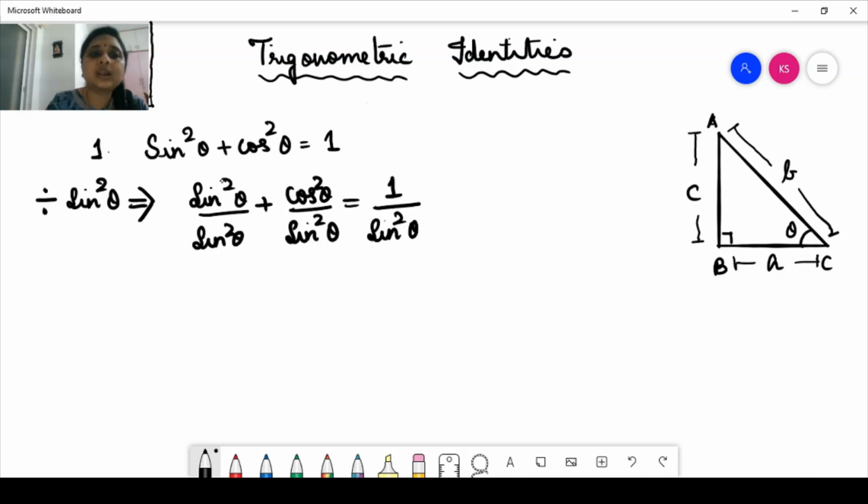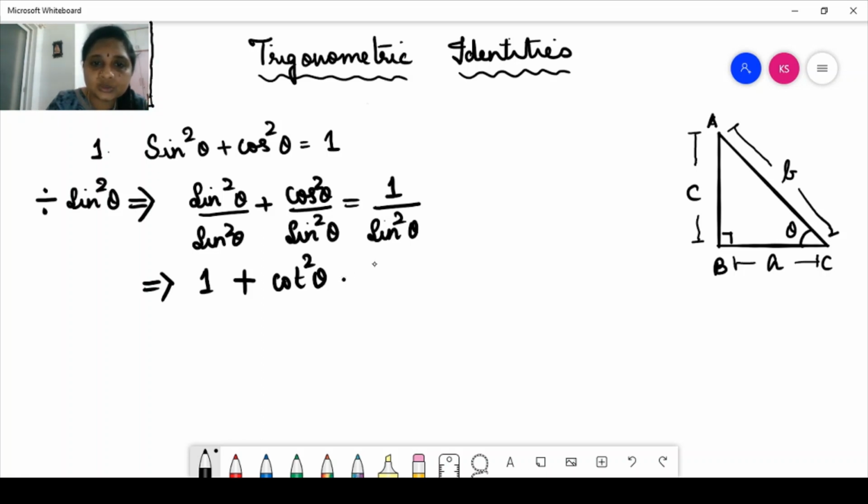Okay, so what happens? Sine square theta by sine square theta is equal to 1, plus cos square theta by sine square theta is nothing but your cot square theta, correct? I hope you all remember all this. If you've forgotten, please do go back and visit the previous videos and then come back to this video.